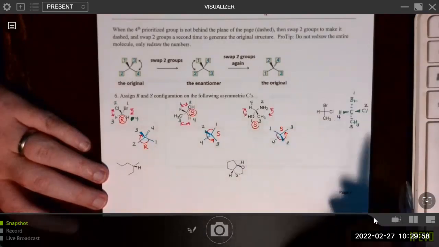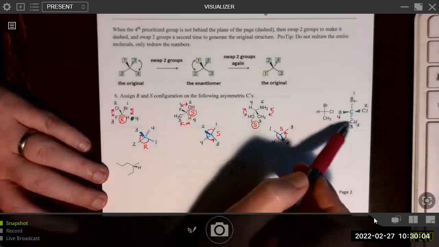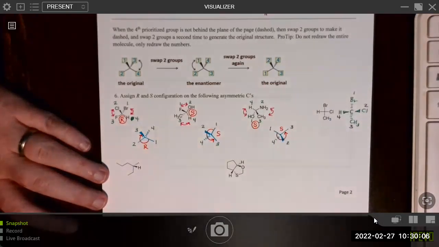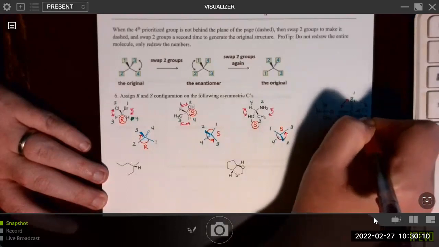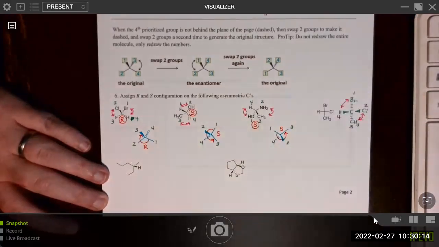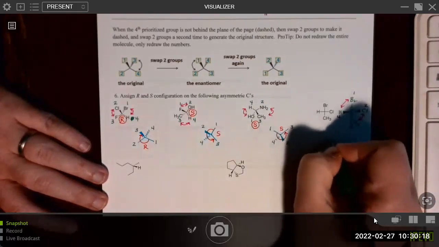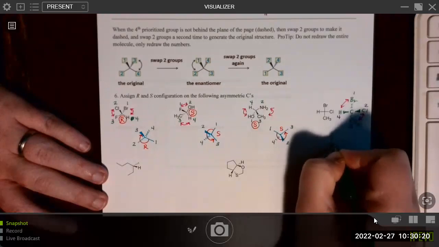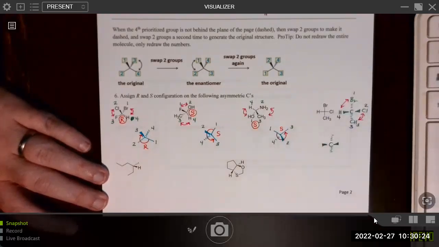So one thing I can do is some switching. And I want to switch it to the back. And either one of these would be switching it to the back. So you choose. Let's go ahead and switch it with the bromine. And we also have to switch the other two groups. So when we redraw, what we end up with is a carbon, and then we'll put in our priority groups.